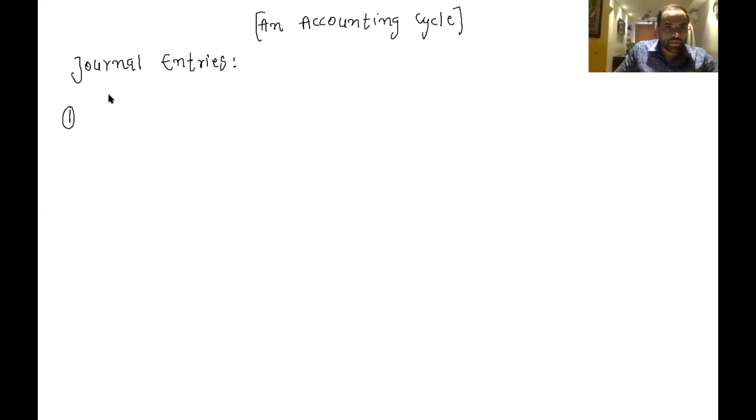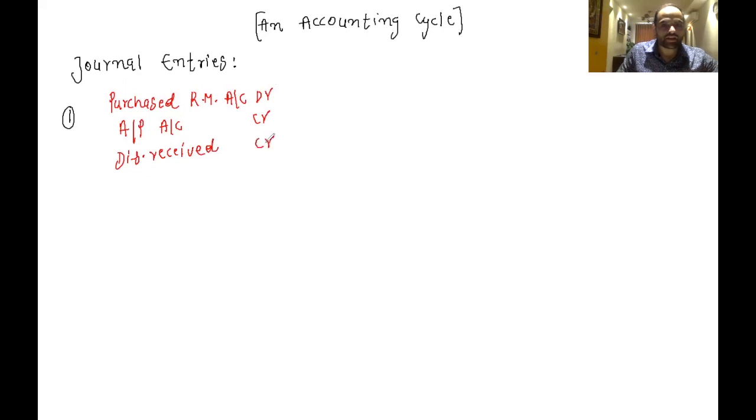So raw material purchased. I'm writing an abbreviation, RM, but in your exam you have to write the full name, raw material, not RM. So purchase raw material account debit, accounts payable account credit, and discount received credit, right?